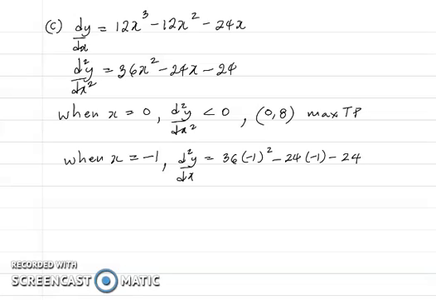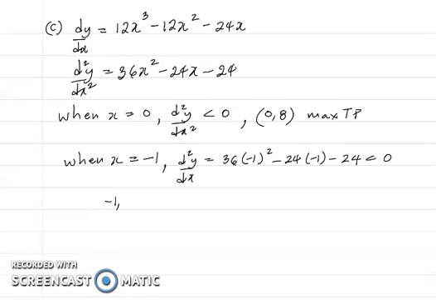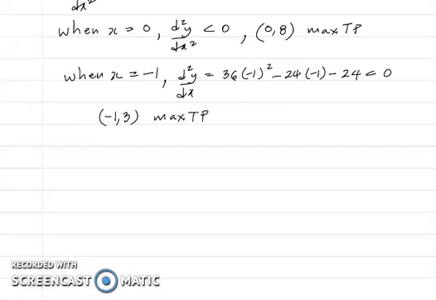All right, and this would be 36 minus 48, which would make it negative, which is less than 0. If it's less than 0, it means that the point (minus 1, 3) is another maximum turning point. All right. The fact that d2y by dx squared is less than 0 means that it concaves down. If it concaves down, the point is a maximum turning point.